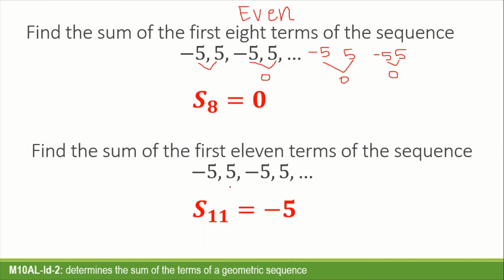Pero, if we are adding an odd number of terms, ano yung odd numbers? 1, 3, 5, 7, 9, and so on. The sum of the terms is always equal to the first term. Even, 0. Pag odd naman ay first term, provided that the common ratio is equal to negative 1.